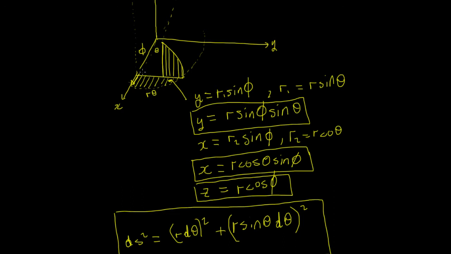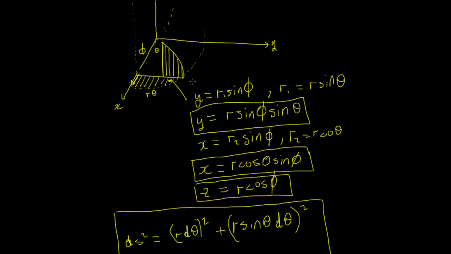Where this is the r as the full radius, and there's our theta there on the xy plane. When we get to there, we have to come up here. Well, that curve there, if we run this down here, r sine theta is this distance here, and the angle is d phi.